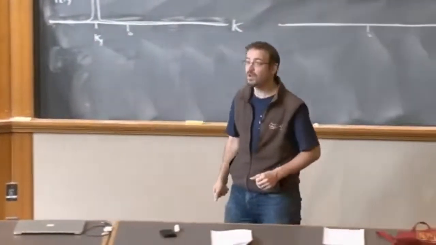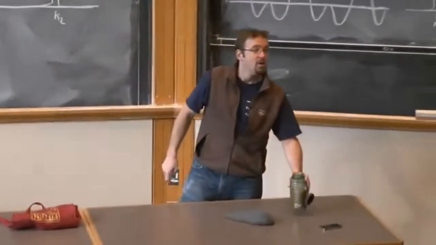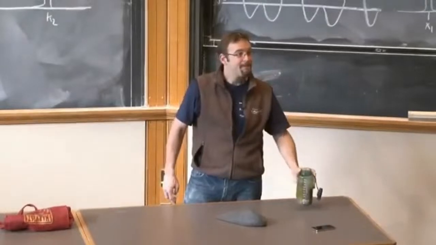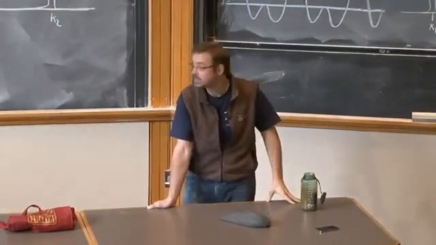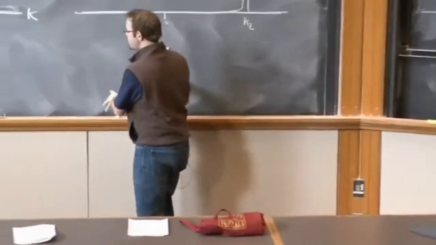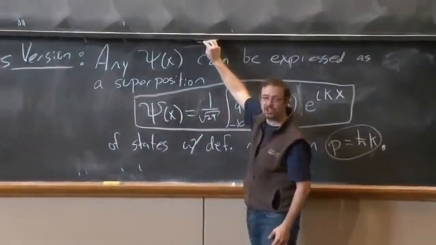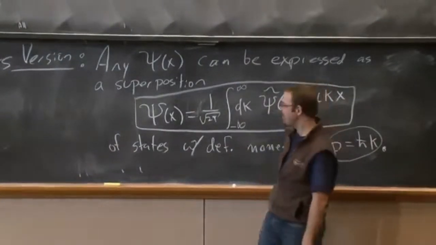Okay. Other questions? So basically the Fourier transform associates an amplitude and a phase for each of the individual momenta. Precisely correct. So a Fourier transform effectively associates a magnitude and a phase for each possible wave vector. And that's exactly right.